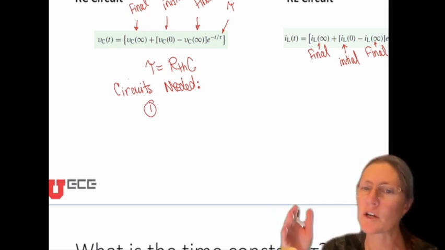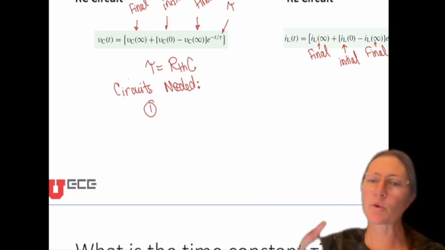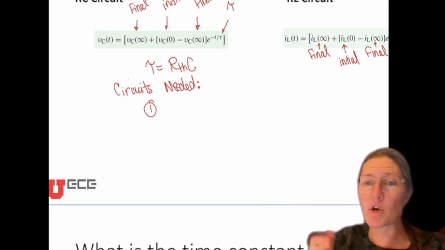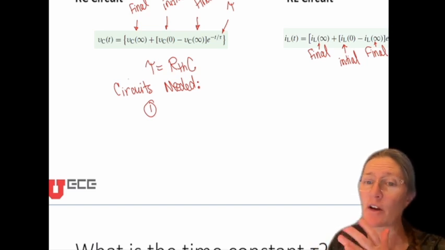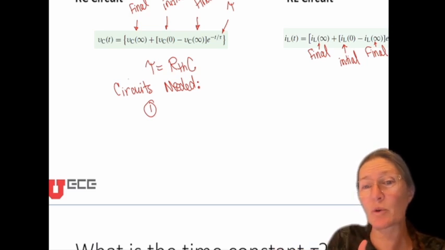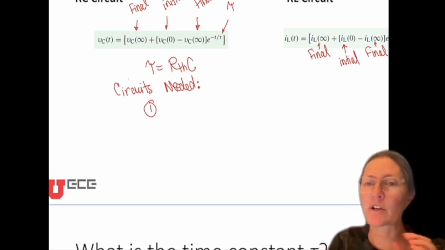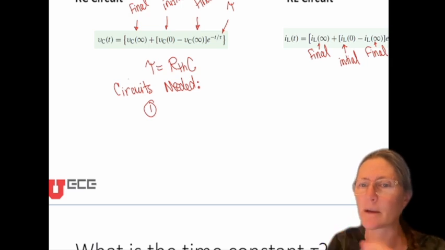And for a capacitor or an inductor, they cannot change instantaneously. So we have to find the time right before it changes, and for a capacitor, it's going to keep the voltage the same between the time right before a change happens and right after. And for an inductor, it's the current that stays the same.